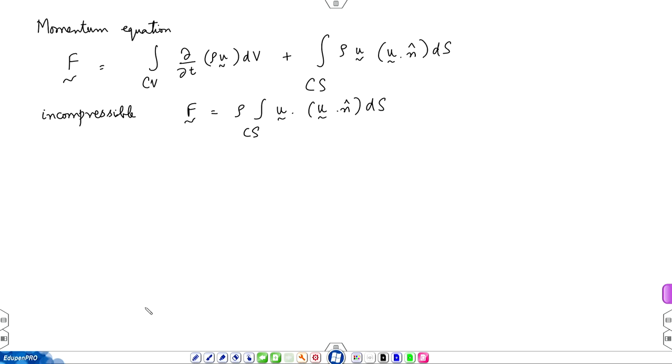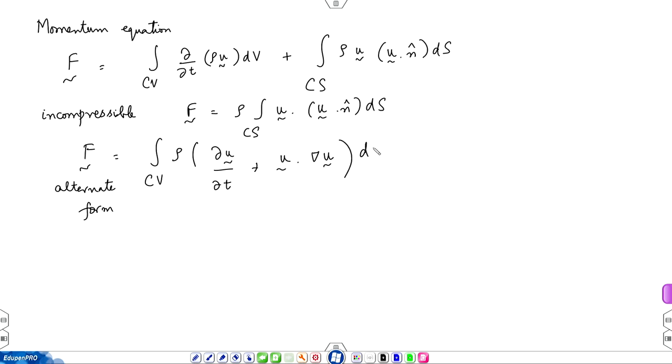Okay, so we also had an alternate form that prescribed the force entirely in terms of the volume integral, because it gave us the familiar interpretation that rho dV is mass.